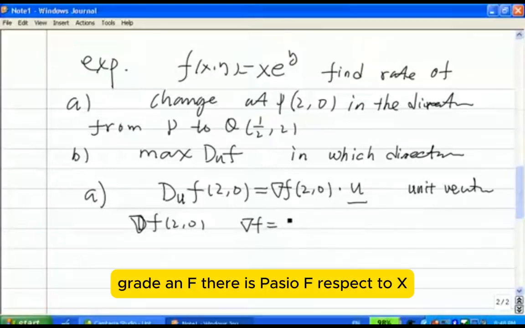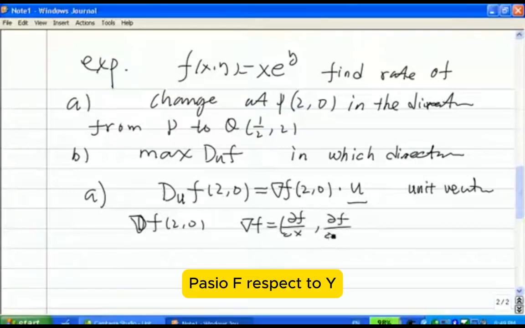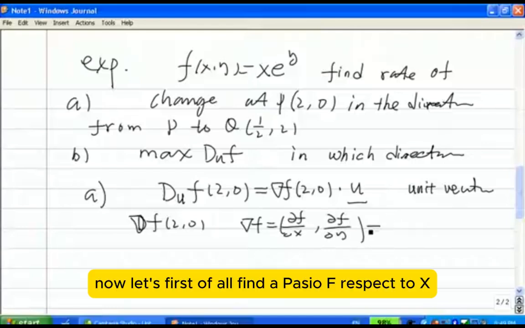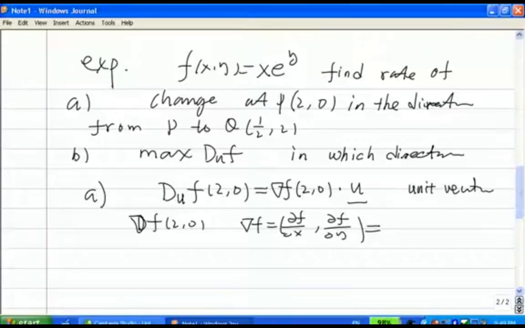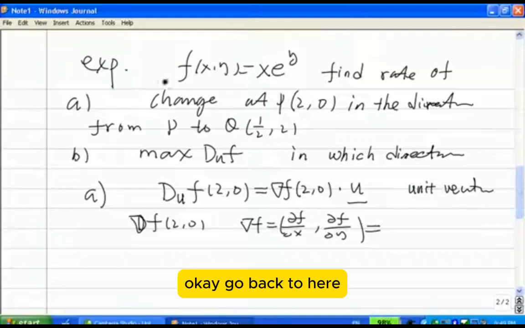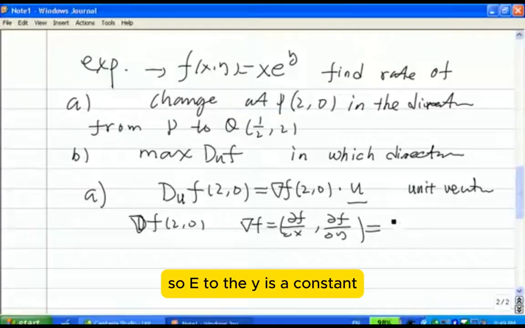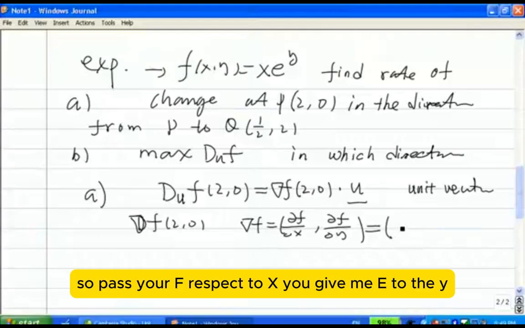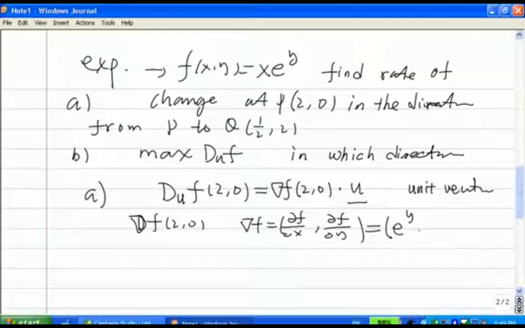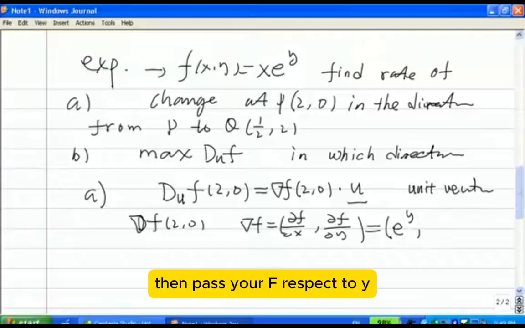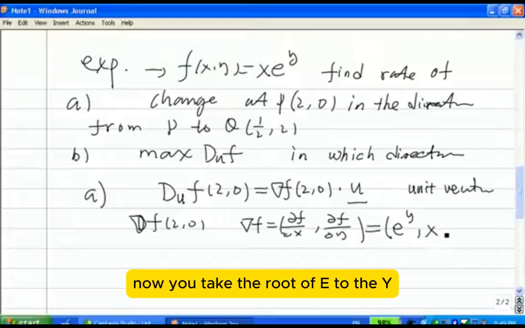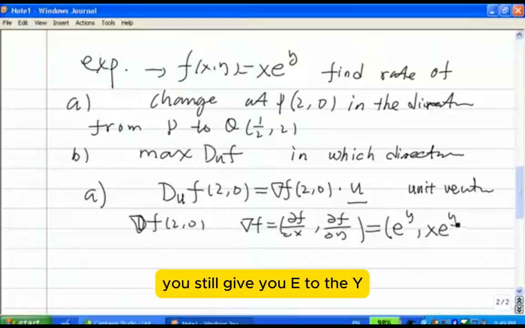Gradient f is partial f with respect to x, partial f with respect to y. Let's first find the partial f with respect to x. Go back to here. For partial f with respect to x, you treat y as a constant. So e to the y is a constant, and partial f with respect to x gives you e to the y. Then partial f with respect to y, you treat x as a constant, then you take the derivative of e to the y, it still gives you e to the y.